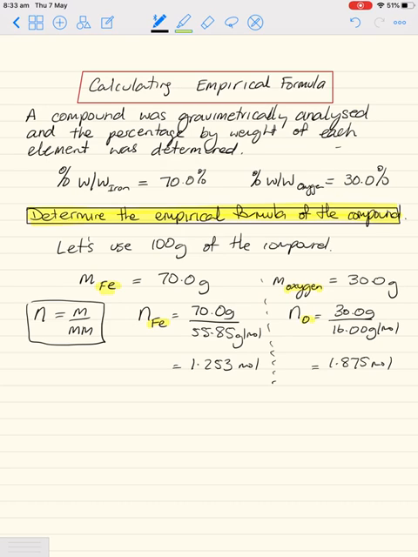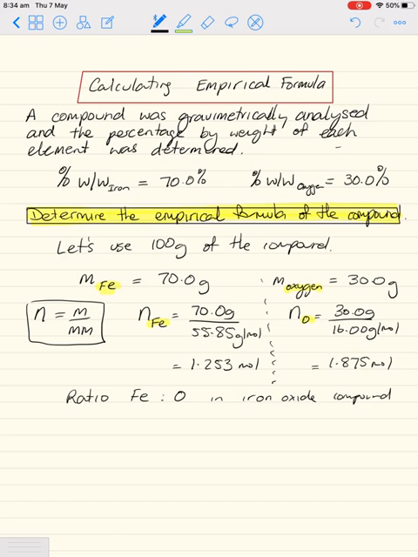In order to get the empirical formula, you've got to get the ratio of those things. So if we say ratio of iron to oxygen in this iron oxide compound, and remember we have no idea of what this formula will be, and it could in fact be two different formulas because iron can have different valencies.